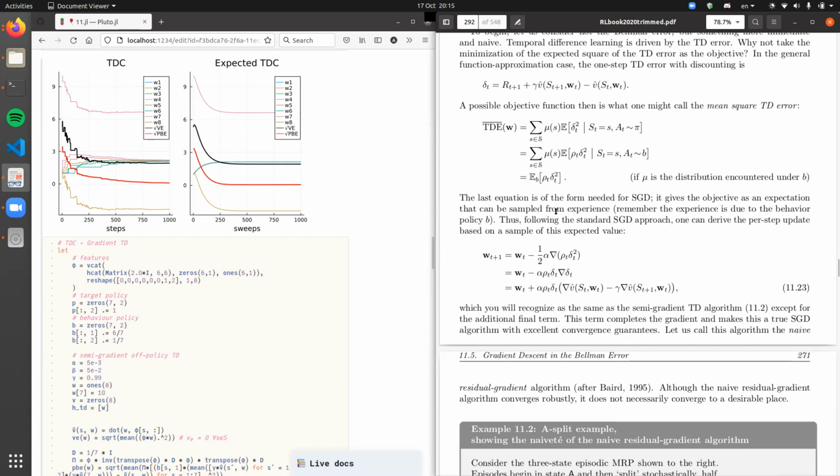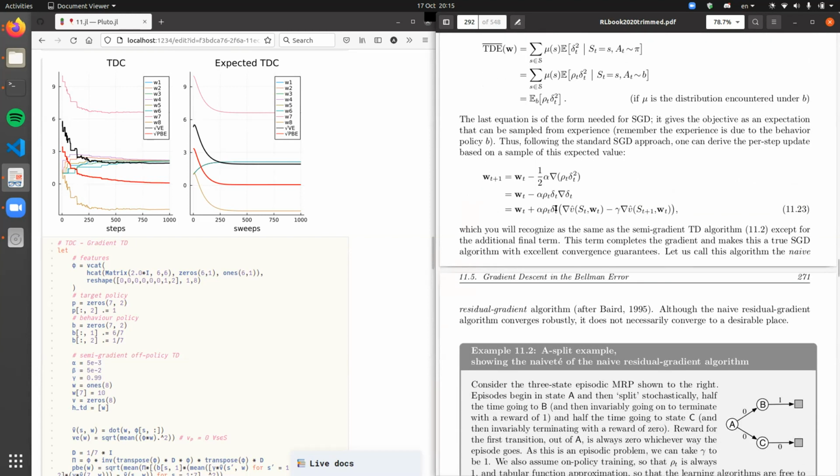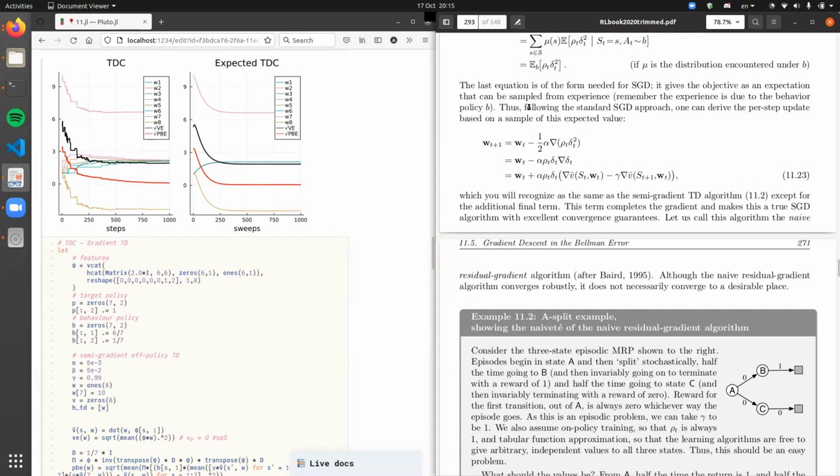That is the temporal difference error we are trying to minimize. So we can now get the gradient of this objective and write our update in terms of that gradient.